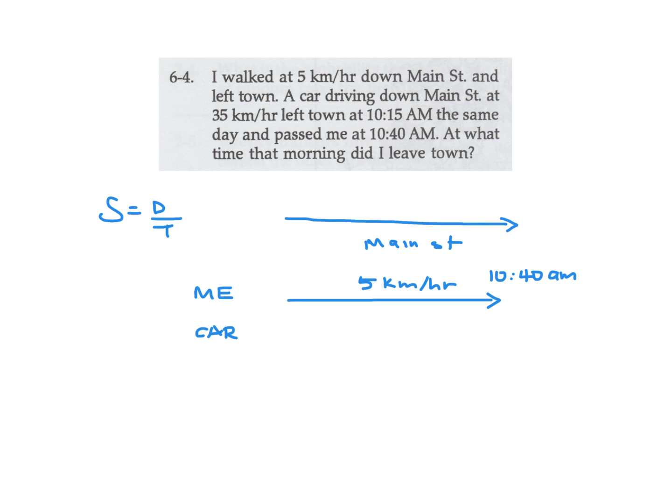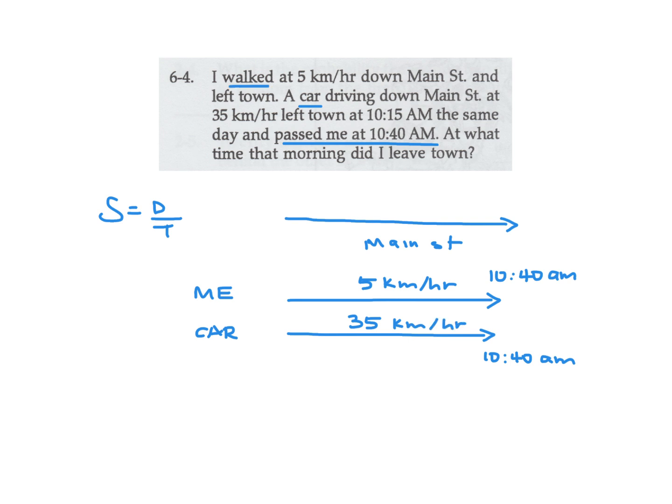So the car is passing at 10:40, the person, if I read that correctly. It passed me at 10:40 a.m., a car. Okay. And then the car and the person are traveling on the same road, but obviously the speeds are different, and they even gave you 35 kilometers per hour for the car. Okay. All right. And he's walking.